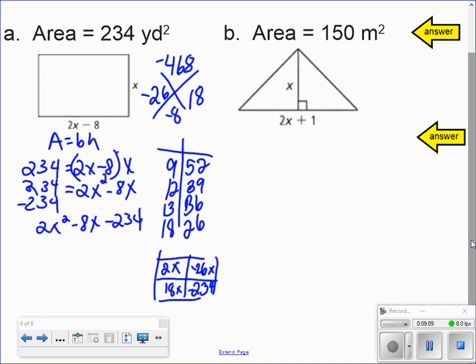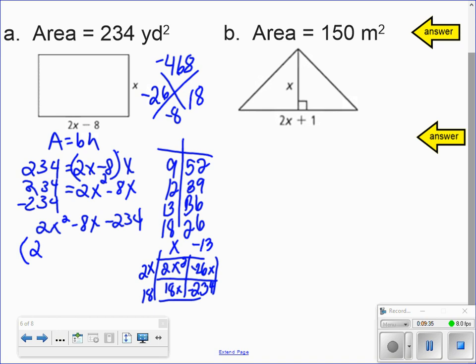I look for my GCF amongst 2 and 26 as 2x. I look for my factors between, that's x squared. I look for my factors between, so that would mean that x would have to go here, 18 would have to go here, and negative 13 would have to go here to give me the values inside the table.